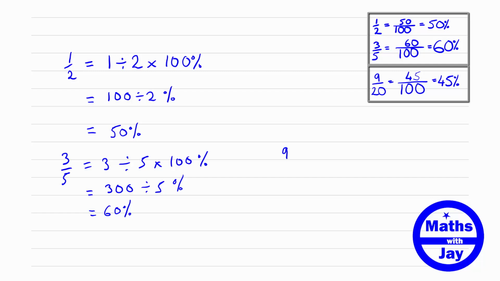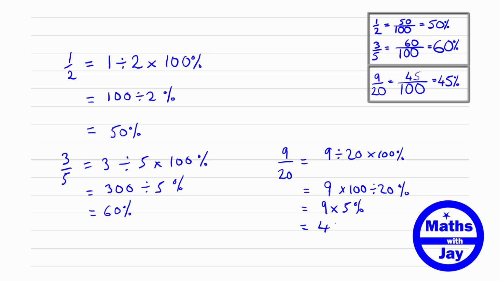And what's an easy way of working this one out? Let's do 9 times 100 divided by 20, so that we're getting 9 times, and 100 divided by 20 is 5. Write it that way around instead.